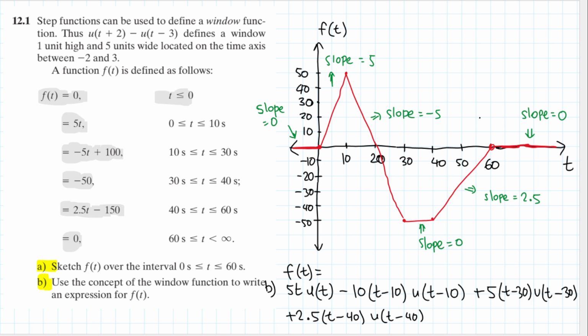Good. Now the slope changes from 2.5 to 0 at 60. So we need to subtract 2.5, and it changes when t is equal to 60. So I will have minus 2.5 (t minus 60) u(t minus 60). And I think that's all for problem B.